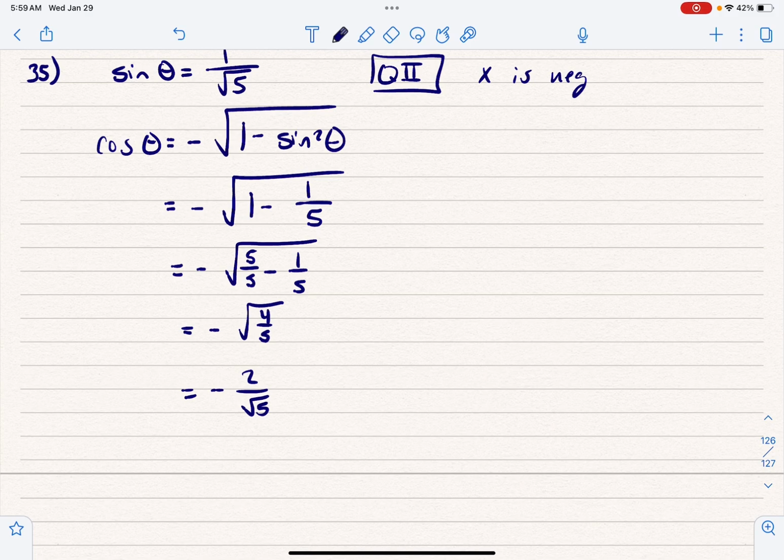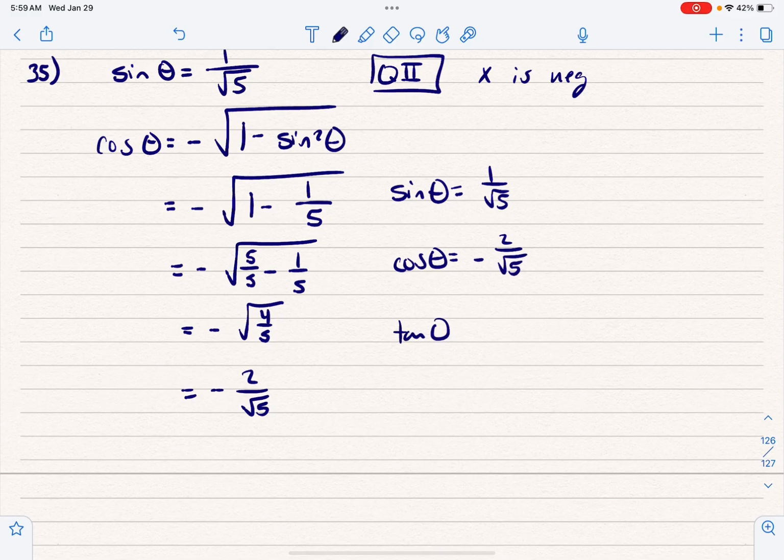And so now I go down the list and say sine theta is equal to 1 over square root of 5. Cosine theta is equal to negative 2 over square root of 5. Tangent theta is equal to negative 1/2. Cotangent theta is equal to negative 2. Secant theta is equal to negative square root of 5 over 2.